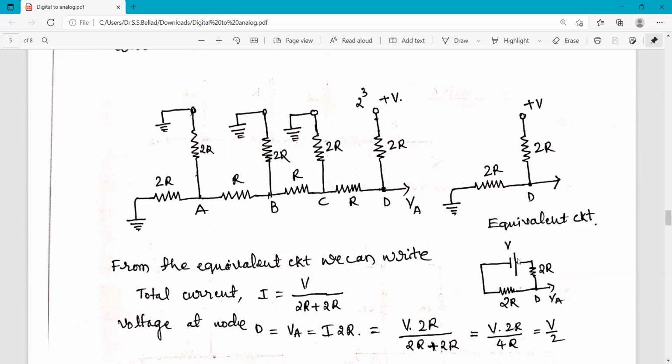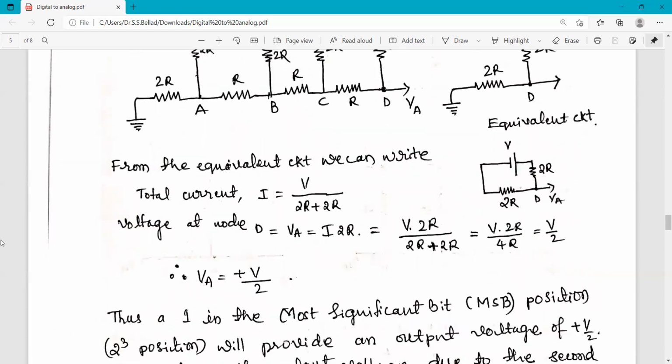So a battery is connected here, and I will analyze this circuit now. The total current I is equal to V divided by 2R plus 2R, because the total current is equal to the potential of the battery divided by the net resistance of the circuit. It is very clear from this that the net resistance is 2R plus 2R. So this is the total current. Then voltage at node D.